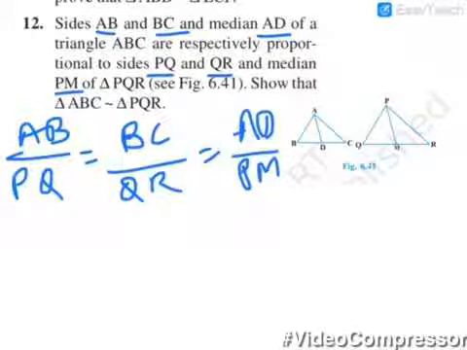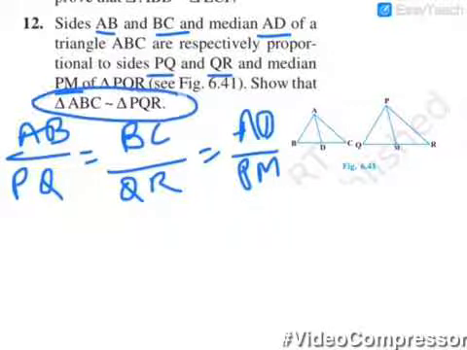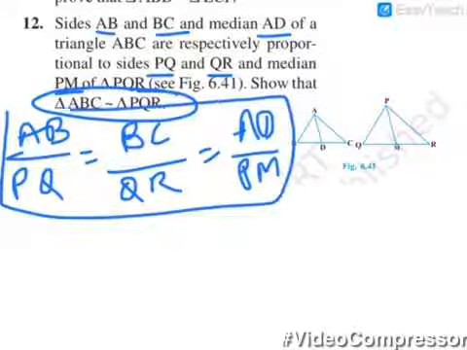Generally this is a median sum. Median-based, we have a total of 3 sums in this exercise: 12, 14 and the last one. So before solving this, let's see what is given and what we can write based on that.